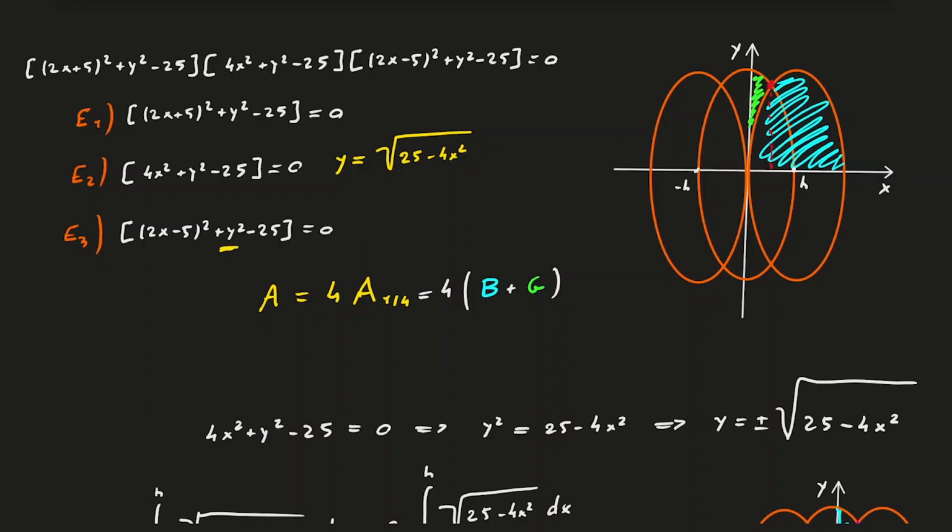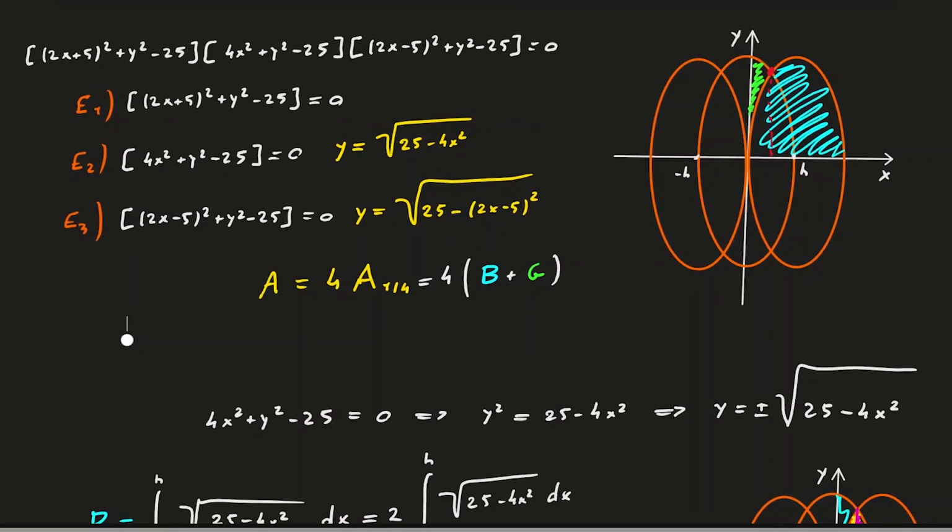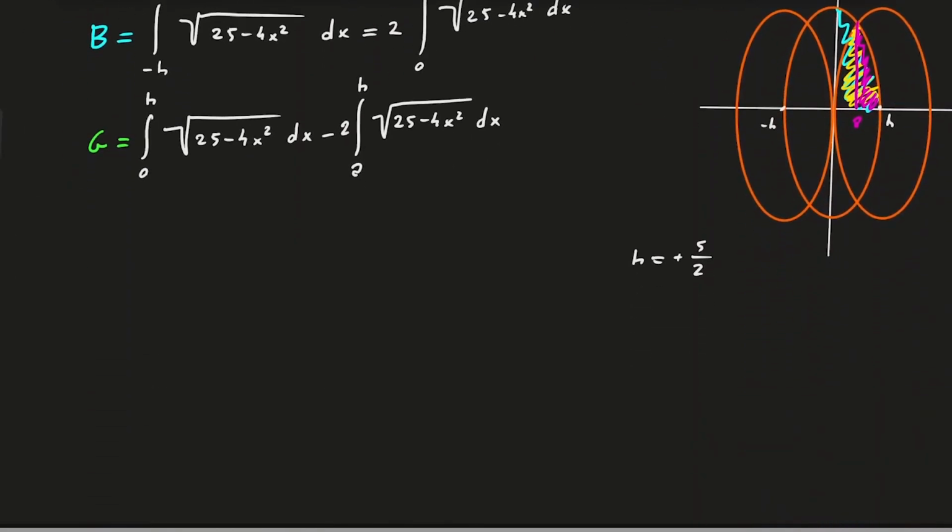If we isolate y, we get that y equals plus or minus the square root, but we just consider the positive function. So the square root of 25 minus (2x minus 5) squared. I did the same thing I did earlier to find y. Now we have to find x when those two are equal to each other.